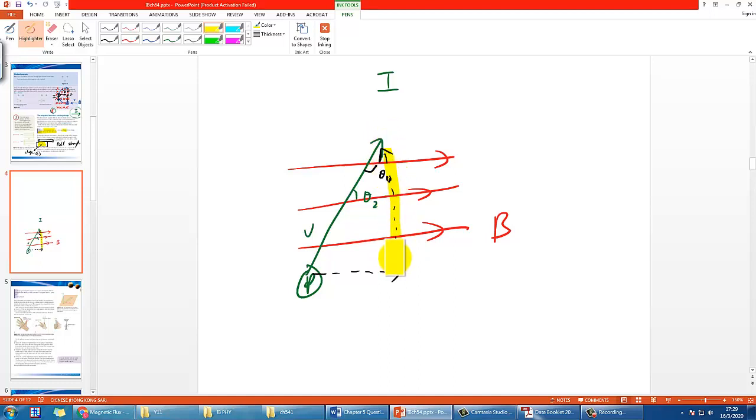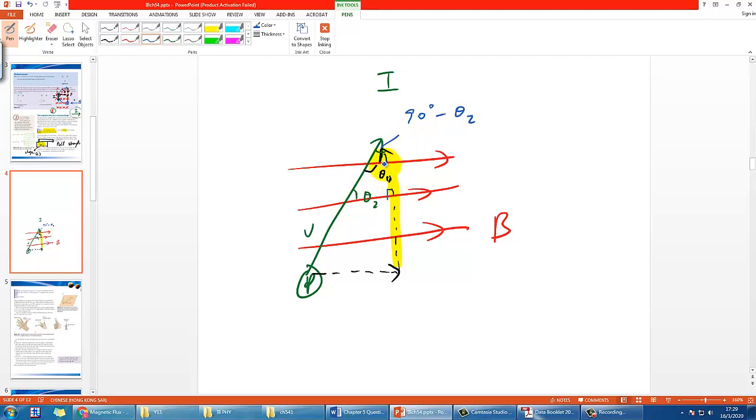And so in that case, you should think about whether this would be V cosine theta or V sine theta. That is the question you need to think about. Apparently it should be, let me see, if this is theta, then this is 90 degrees and this is 90 degrees minus theta too.